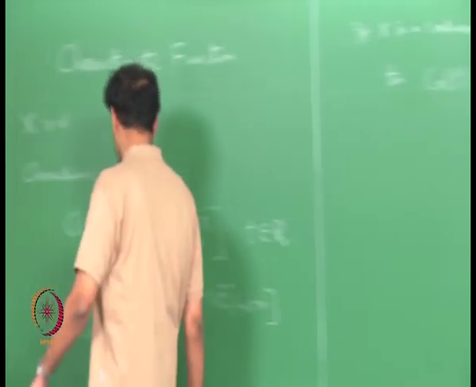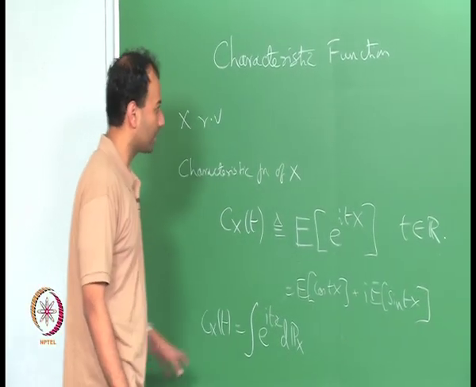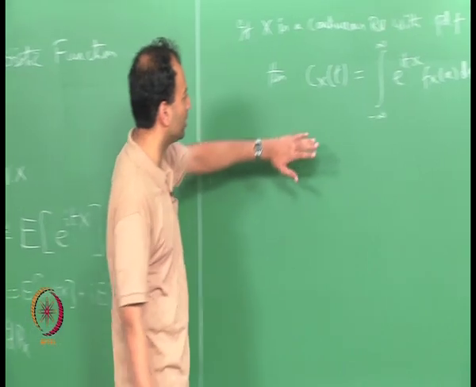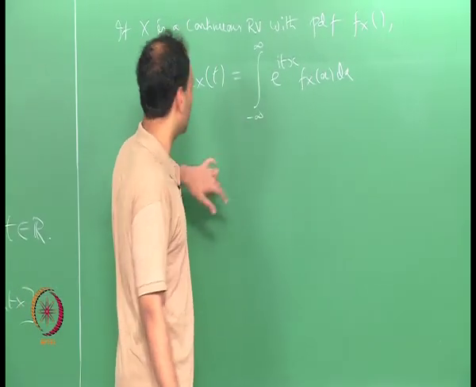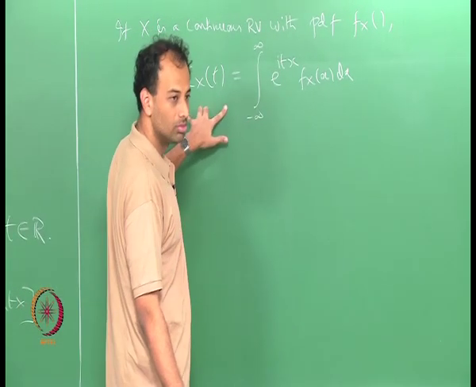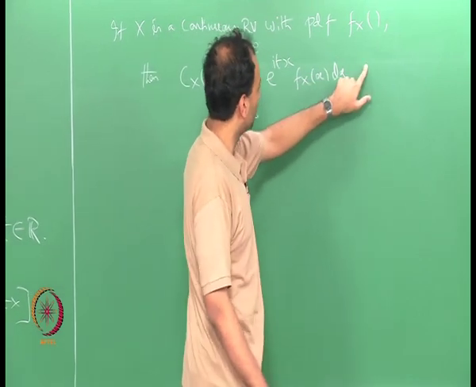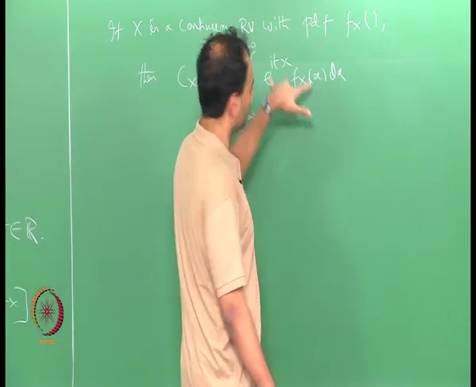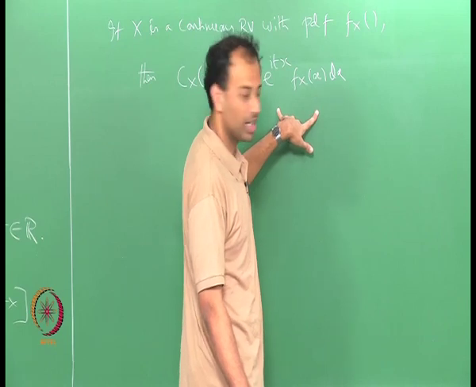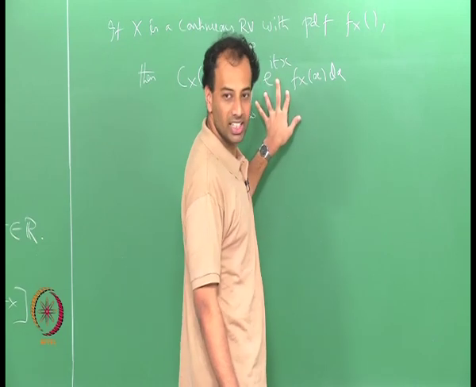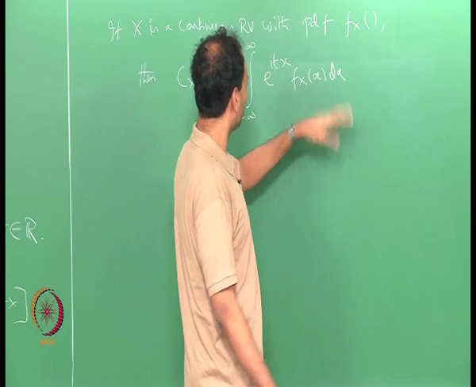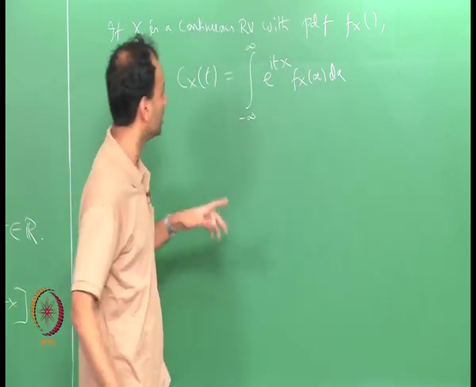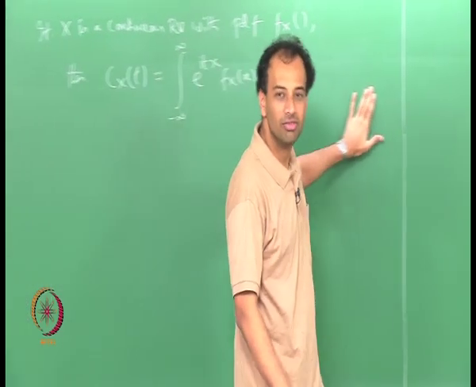It is true more generally, but if you just look at this for a continuous random variable, if you take the absolute value of this integral, then you can bound it above by the integral of the absolute value. But the absolute value of e^(itx) is 1. So, the absolute value of C_X of t is always upper bounded by 1.